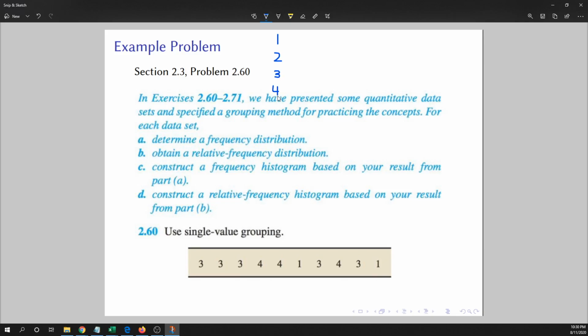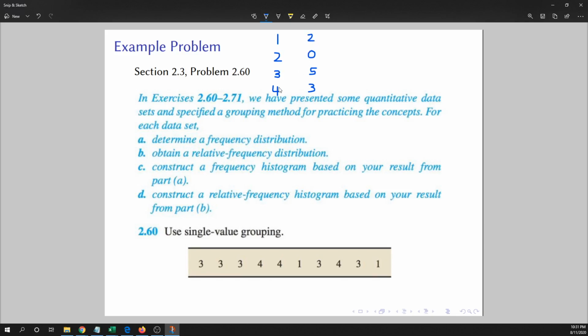We're going to use those as our classes, and then count them up. This is small enough that we could just count them together. So we have 5 3s, so the frequency for 3 would be 5. There are 0 2s. We have 3 4s, and 2 1s.